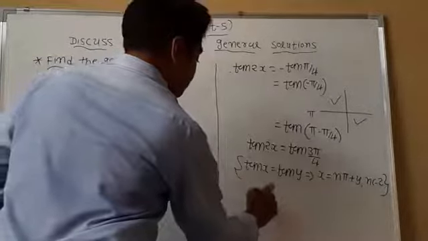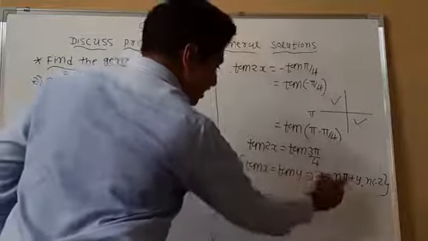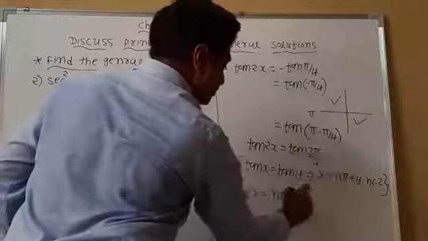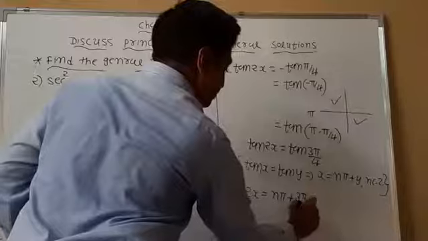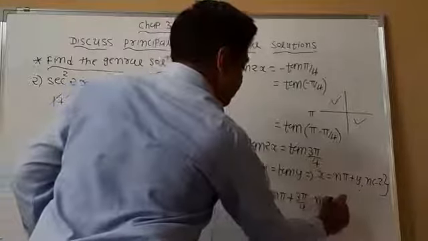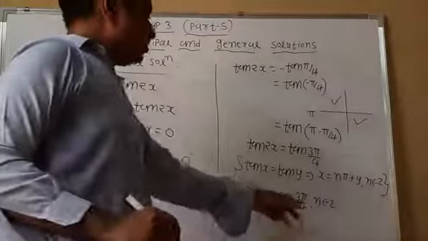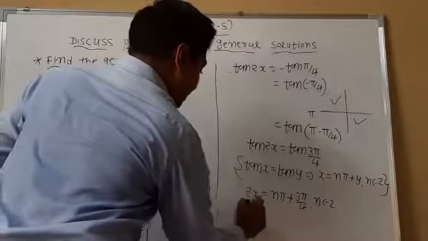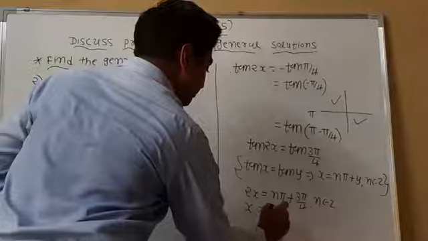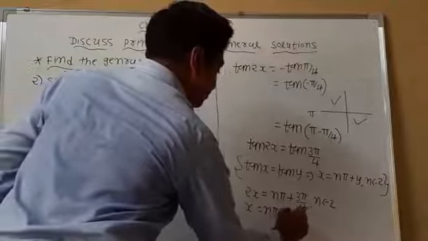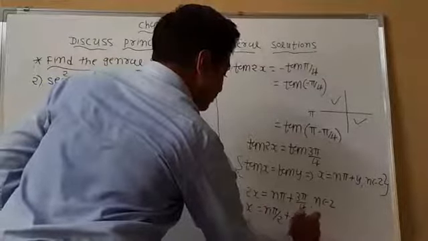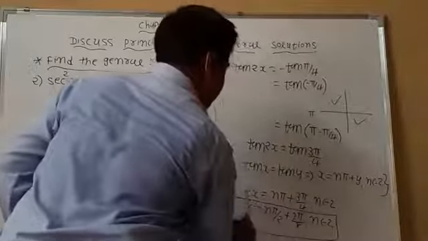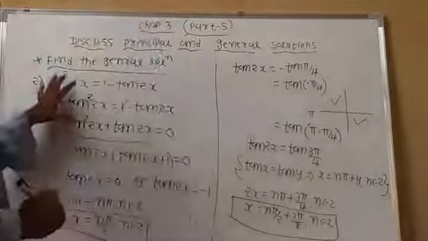Therefore 2x is equal to n pi plus y, in place of y we write 3 pi by 4, n belongs to z. Now divide by 2, so we get the final answer. Therefore x is equal to n pi by 2 plus 3 pi upon 8, n belongs to z. So this value is our general solution of this equation.